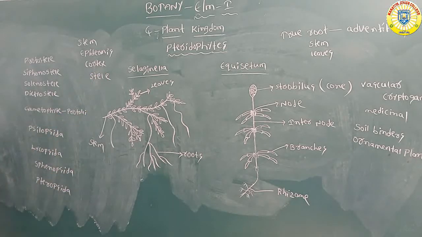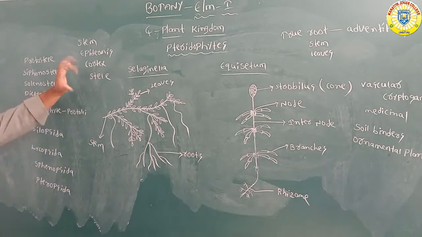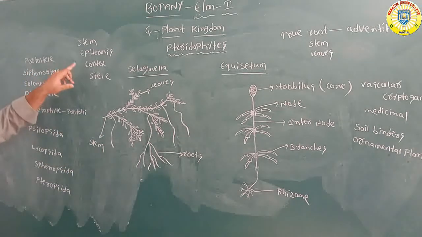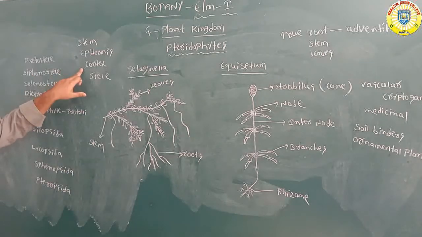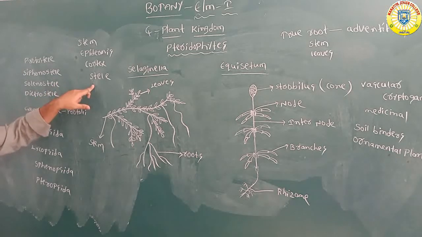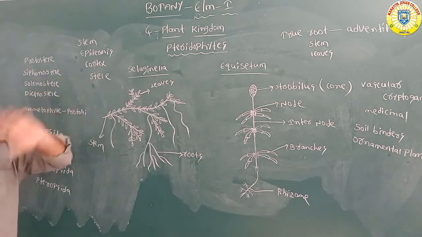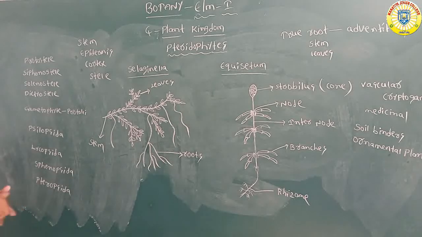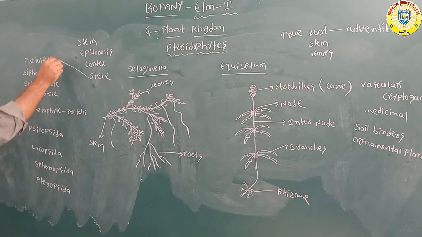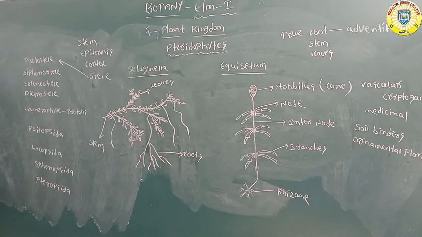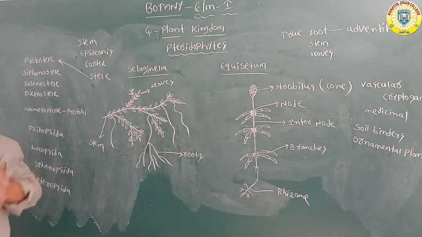Here the arrangement of the stele is mainly of 4 types. First one is protostele. Stele means vascular bundle. How are the vascular bundles arranged? Meaning how the xylem and phloem are arranged.